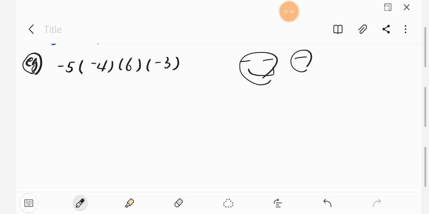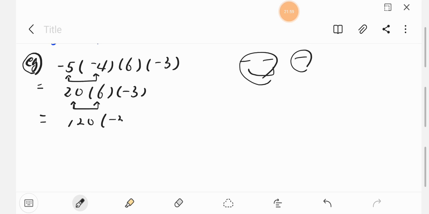But anyway, let's follow the steps. Okay, the product of these two numbers is what? Two same signs, right? They have the same sign. The result is positive. So it will be 20, right? And then 6 times negative 3. So let's do it step by step from left to right. Then these two is what? 120, a positive number.